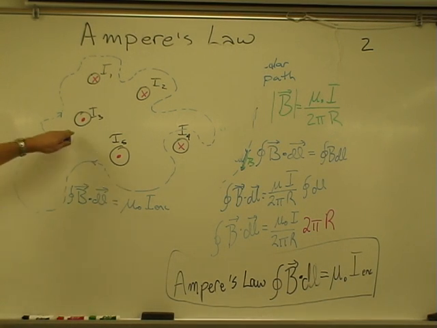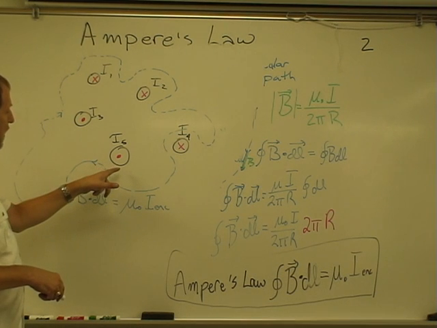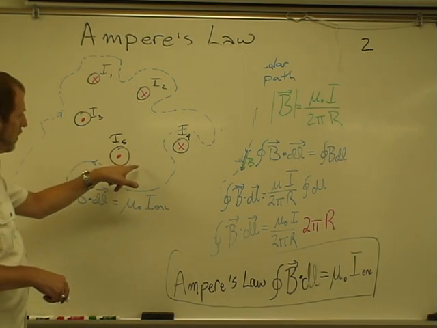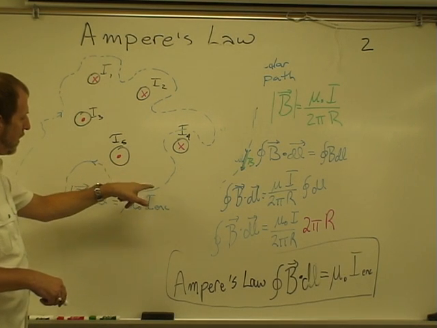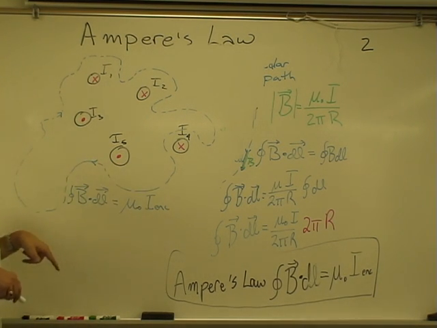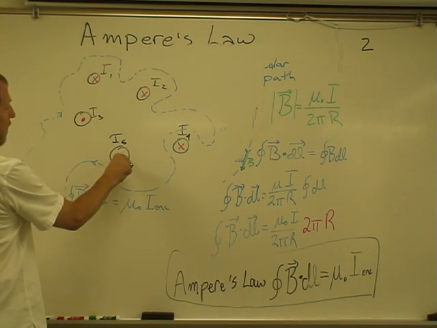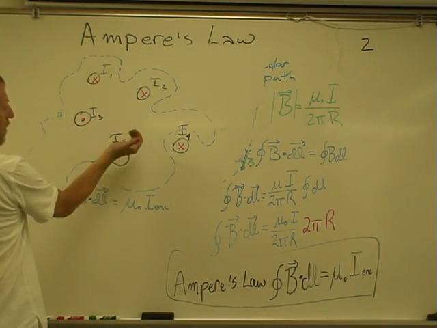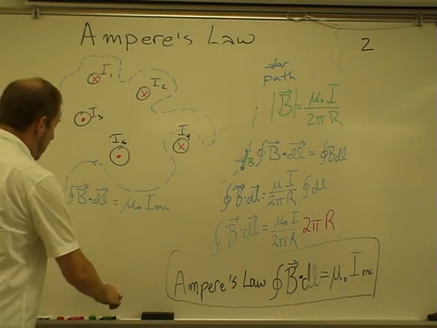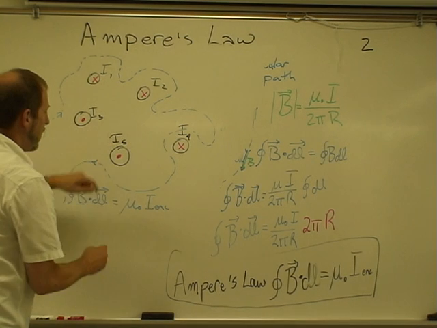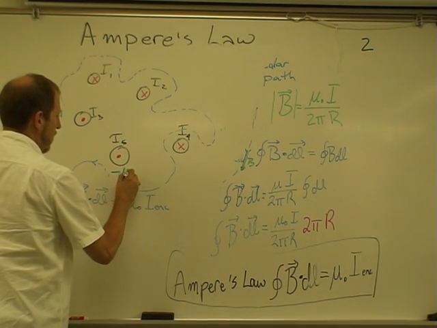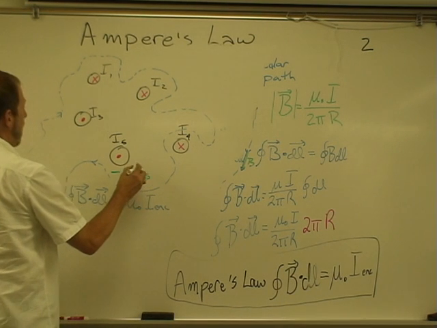Now, having some current going into the board and some current coming out of the board does have an effect, with the sign. It'll be positive if the magnetic field for that individual current is traveling in the same direction as our path around the loop. For example, the magnetic field for I5 is coming out of the board, so the magnetic field lines will be counterclockwise. So the effect for this contribution will be minus mu naught I5.